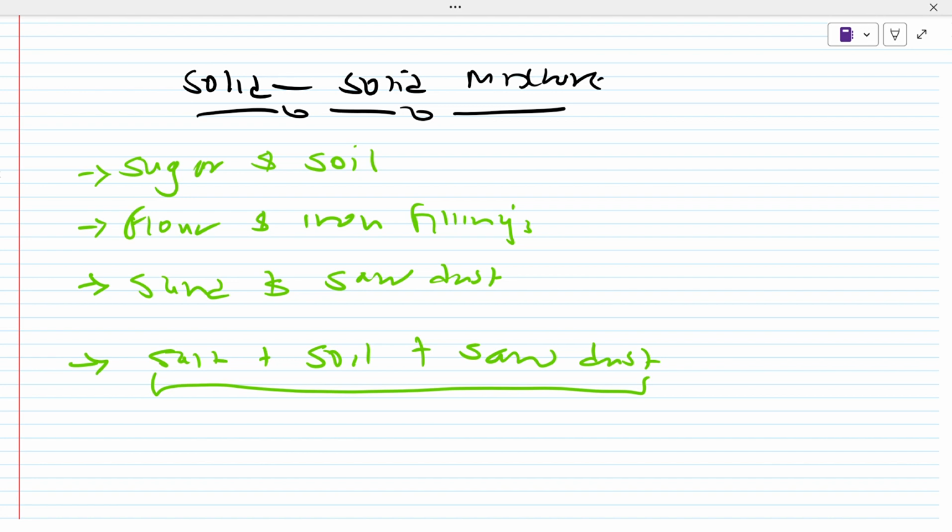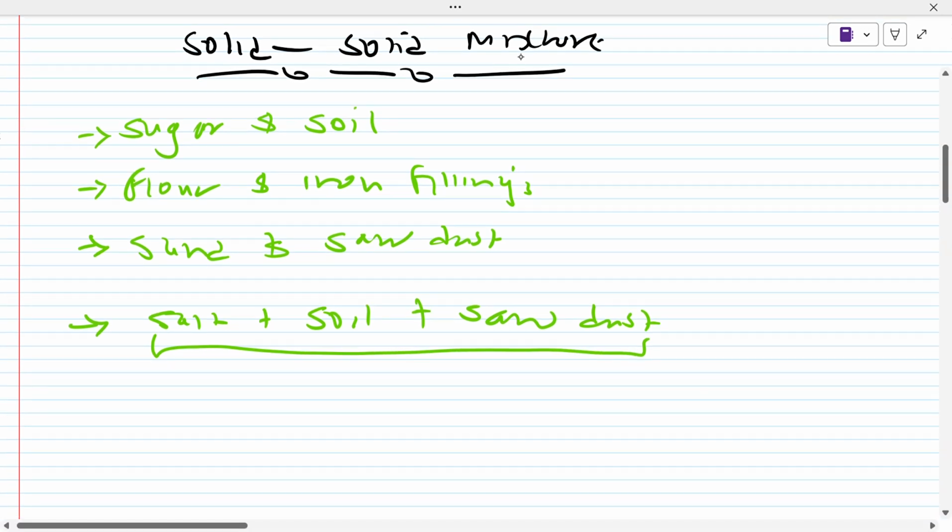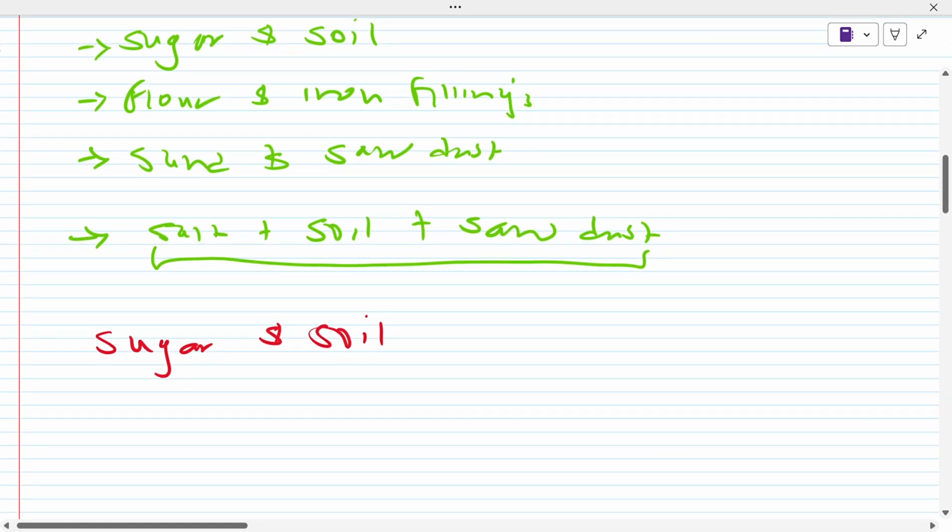For example, I'm having sugar and soil as my solid mixture. So as a student, I have to come up with a technique that I can use to help me separate those mixtures.